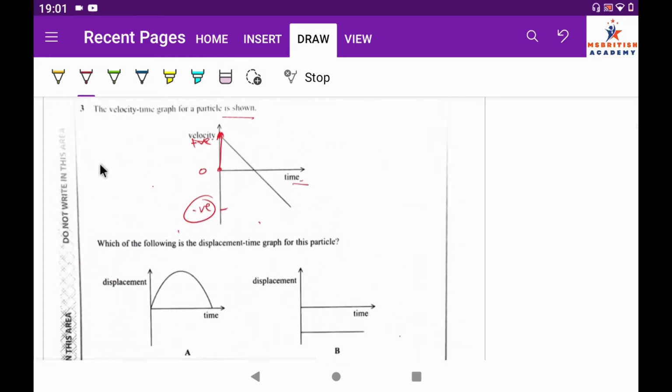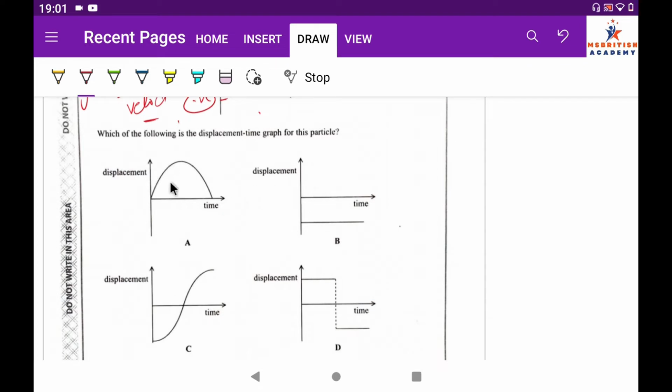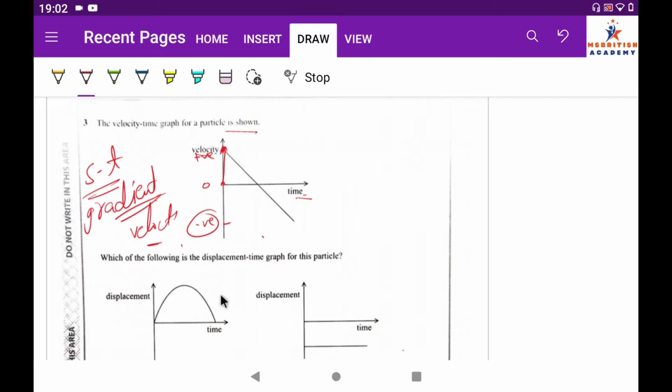As we know, in a displacement time graph, the gradient is velocity. So we will find out the gradients of all the 4 graphs, and we will check which of the graphs shows velocity changing from positive to negative.